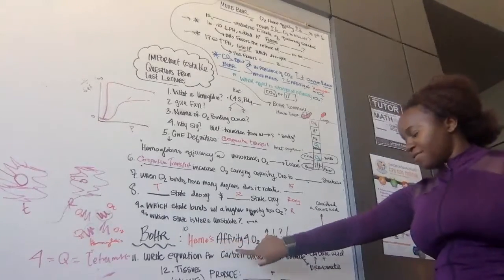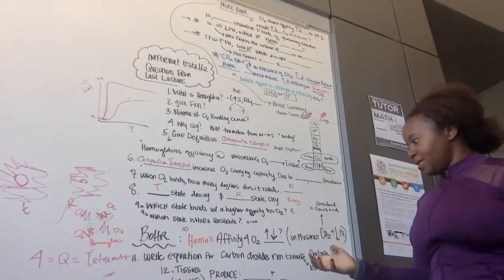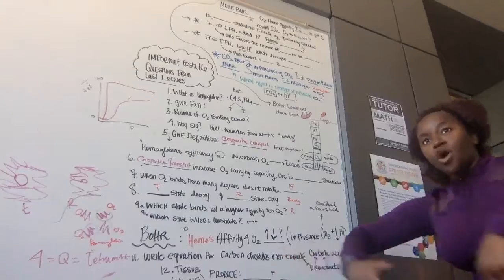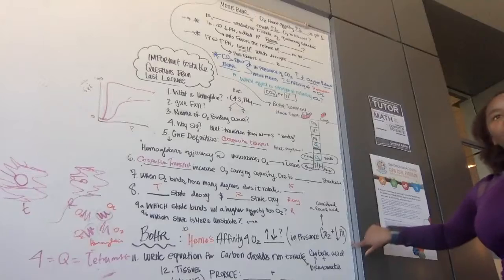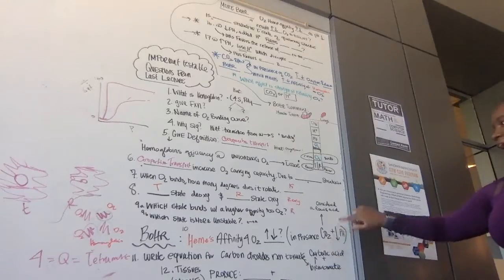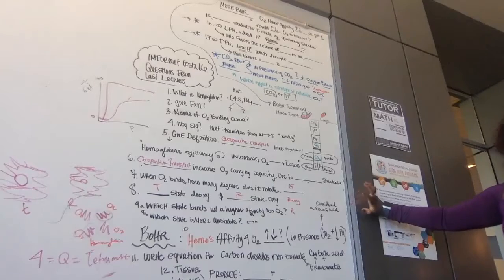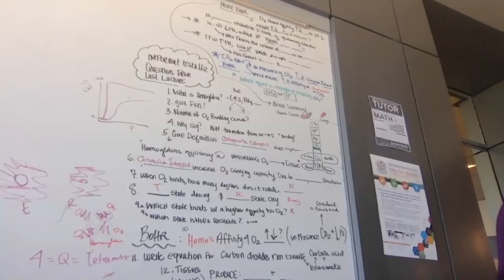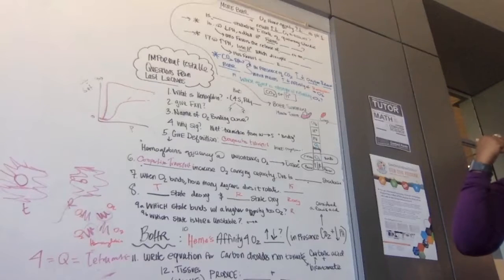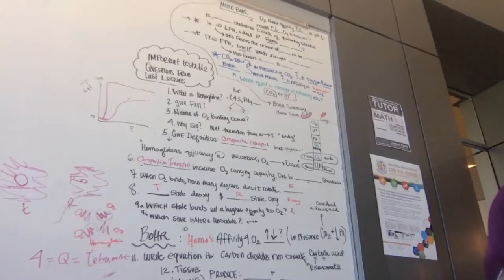So hemoglobin's affinity for oxygen, its bonding ability, decreases, meaning it lets go of oxygen in the presence of a high CO2 environment and a low pH. Why? Remember, CO2 is actually a Lewis acid. You can think of CO2 as an acid because in the tissue, it tends to be much more acidic compared to the lungs. Your lungs have way higher pressure and your tissue has way lower pressure.